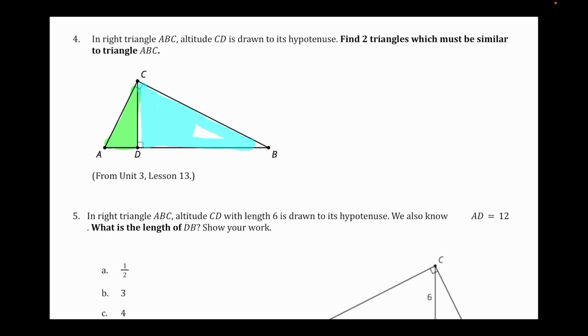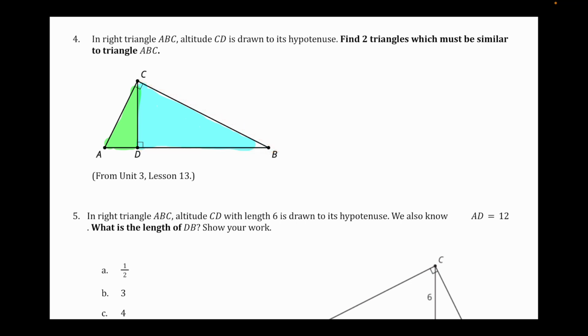These are my 2 triangles that I'm going to be naming, and they're going to be similar to the whole triangle, but we have to do that same pattern. We have to go down the hypotenuse, up the hypotenuse and down the long leg. So for this blue triangle here, hypotenuse is this, and the long leg is here.